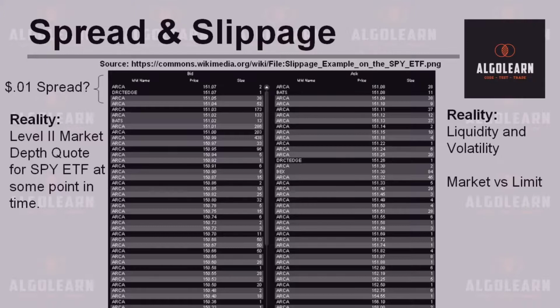I'll give you a good example here to show how slippage will actually work. Let's say we wanted to sell 1,000 shares of SPY at the market at this point in time. We know we've got 300 shares that we can sell at 07, so someone's going to buy 300 shares from us at 07.